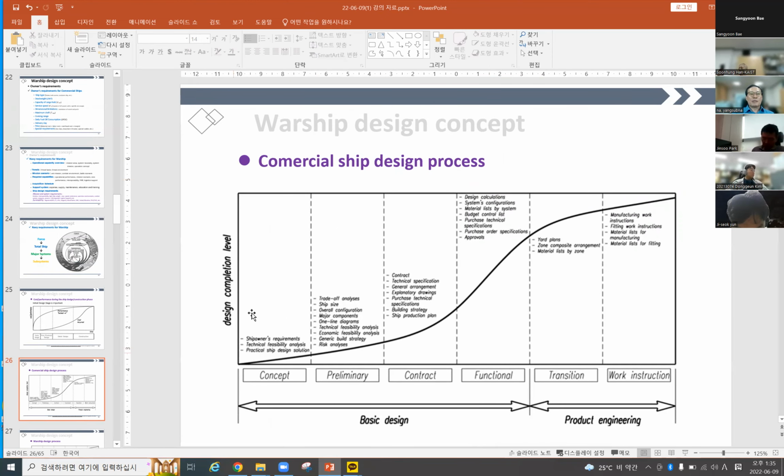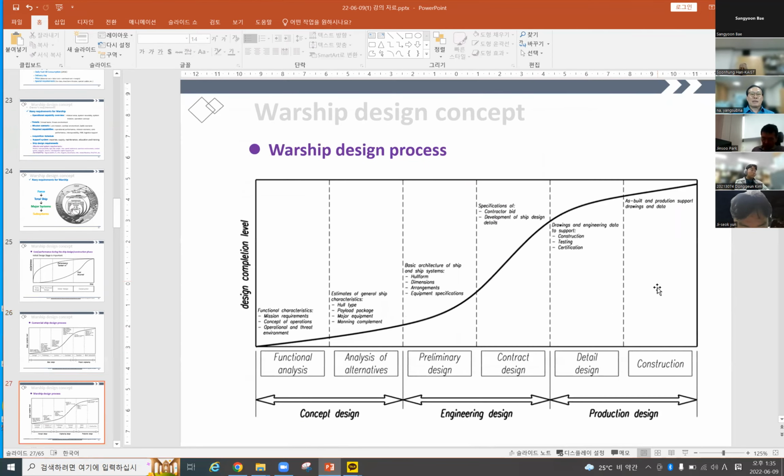This is the commercial ship design process: basic design, product engineering, and design completion level. The commercial ship design process may differ according to the shipyard and the country. This is the American commercial ship design process in the United States: concept, preliminary, contract, functional, and transition design, and the work inside.